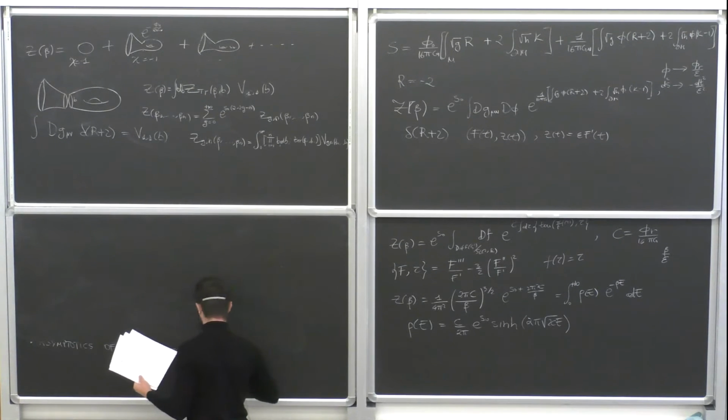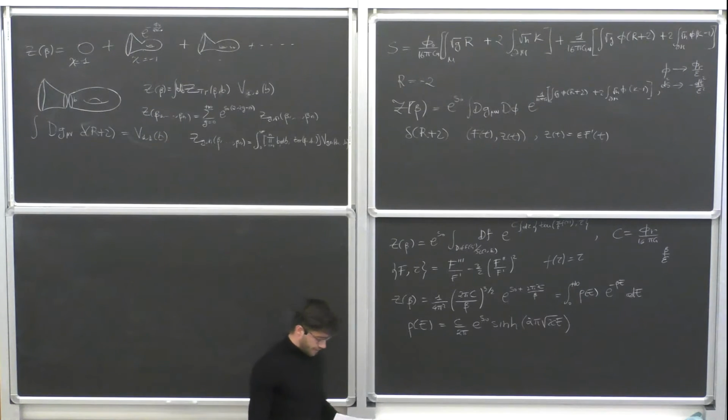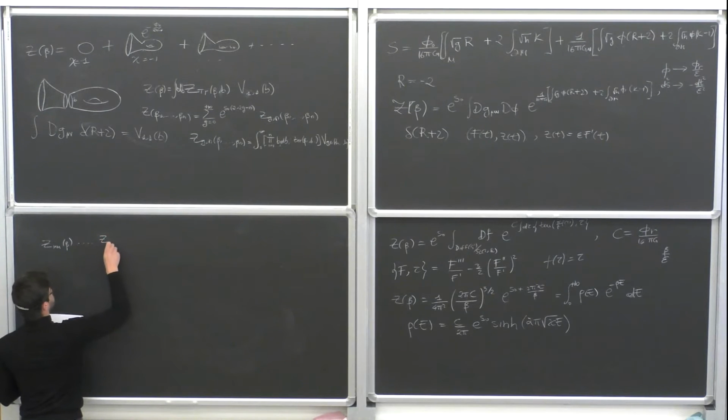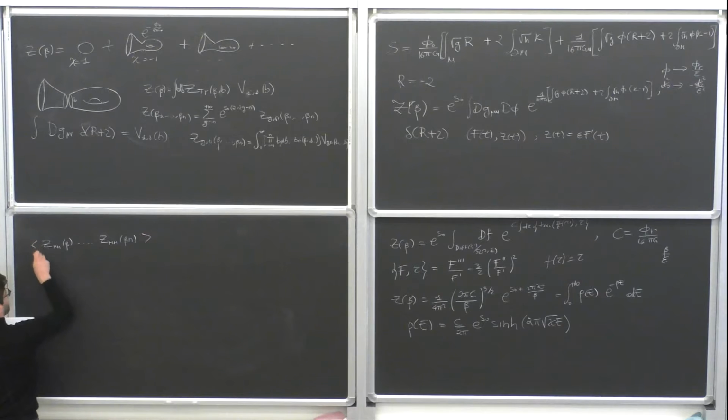Unfortunately, I will have no time to review in detail the correspondence, but what you should keep in mind basically is that inside the random matrix theory, you could try to compute the product of partition functions of this type and take the ensemble average.